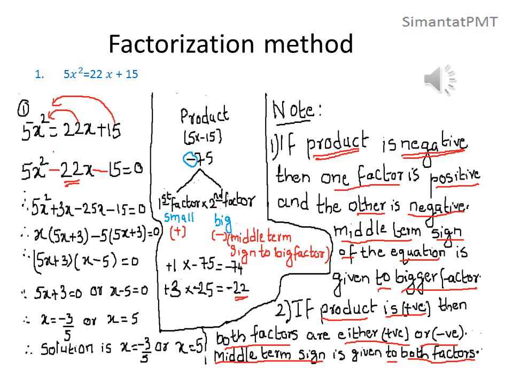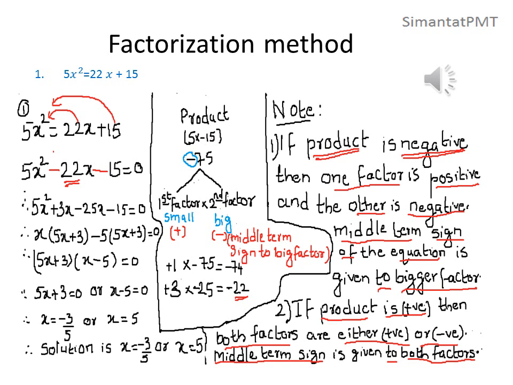So we take x common from the first two terms. Inside the bracket, we get 5x plus 3. From the third and fourth term, we take minus 5 as common. So inside the bracket, we get 5x plus 3 equal to 0. Now 5x plus 3 is a common term which is taken outside.